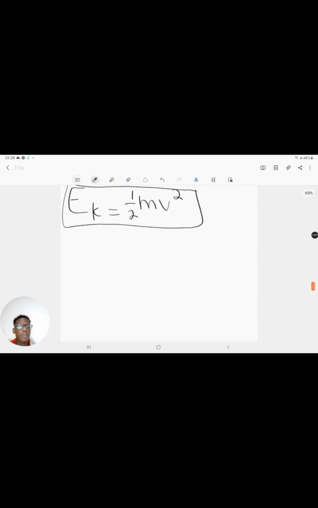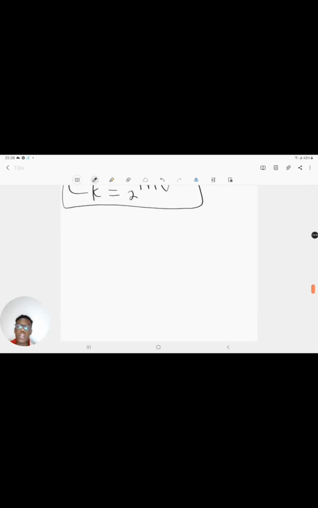Before I do that, I'm just going to express this nicely: the initial kinetic energy of ball 1 plus the initial kinetic energy of ball 2 is equal to the final kinetic energy of ball 1 plus the final kinetic energy of ball 2.